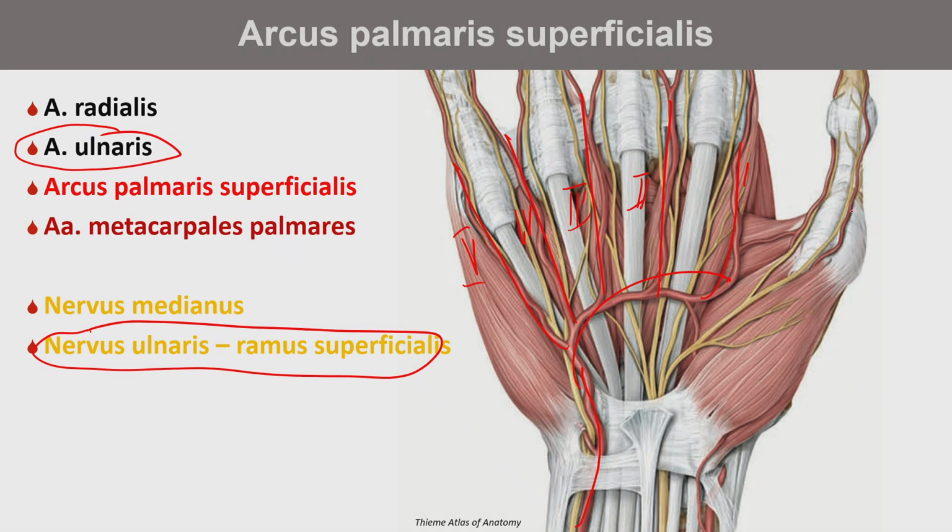And this system is a little bit different, so this is the princeps pollicis. Those are the metacarpal palmar arteries. Then they are divided and go side by side with the finger in the peripheral part.